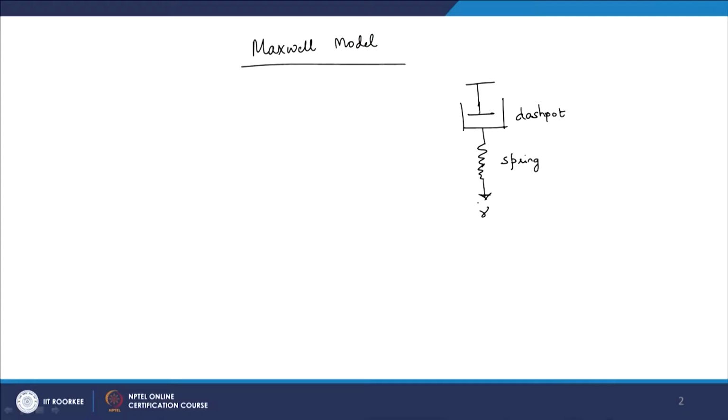So, in this case, let us say I am applying a net extension gamma, that must be distributed with the extension or the shear of the spring. I am using the word extension and shear interchangeably, but the idea is that in the experiment we are looking at the shear applied to a sample.